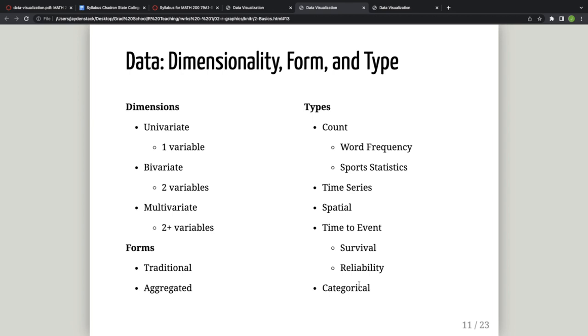Types are count, word frequencies, sports statistics, time series, spatials, time to events, survival, reliability, categorical. There are so many different data types that are all going to have some sort of impact on the graphics that we create.